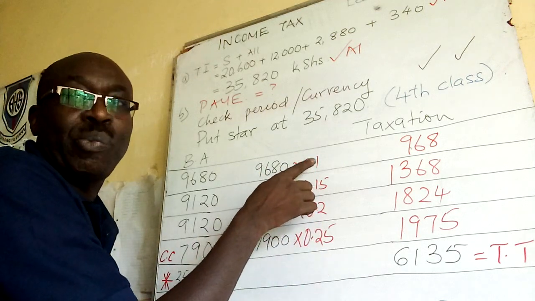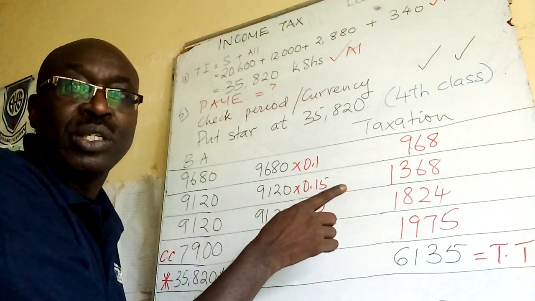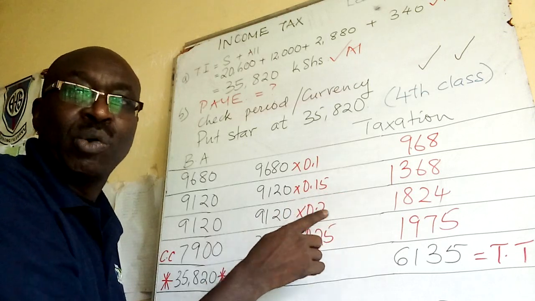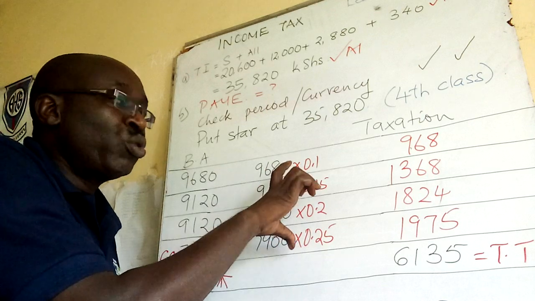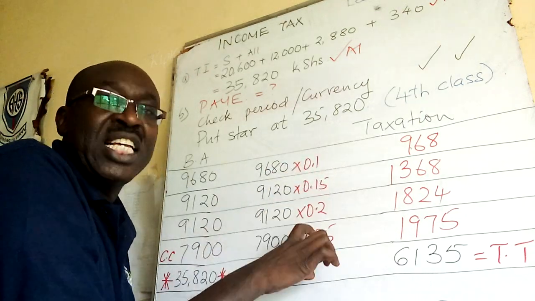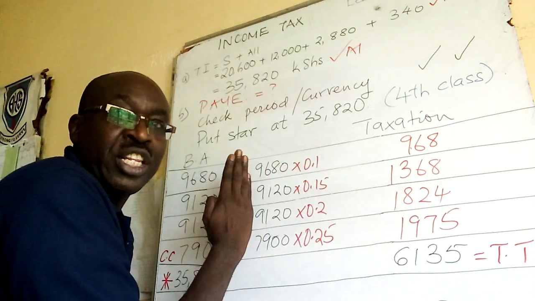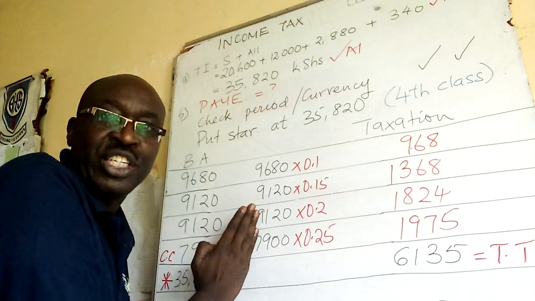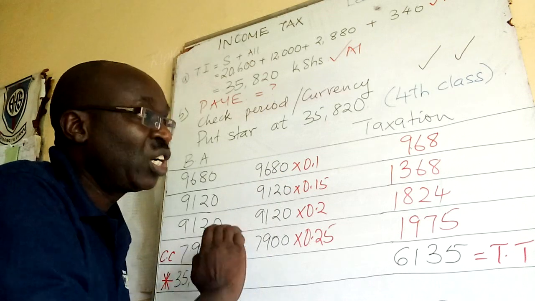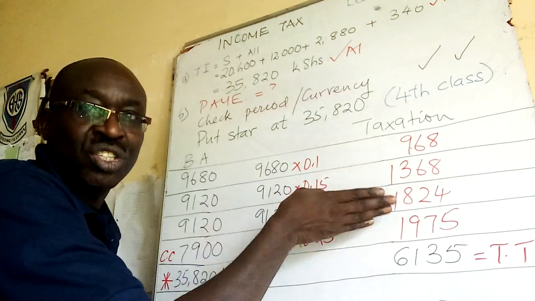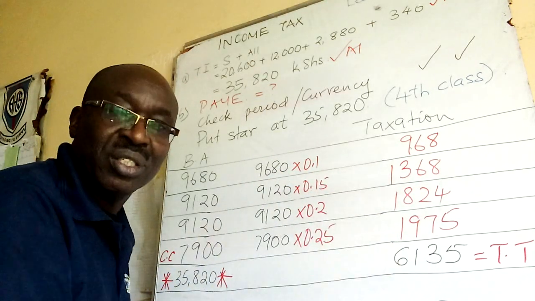10% is the same as 0.1, 15% is 0.15, 20% is 0.2, 25% is 0.25. Now you remember these are ratios. They don't change the units. And what is the unit? Shillings. So I'll be getting shillings, shillings, shillings, shillings.